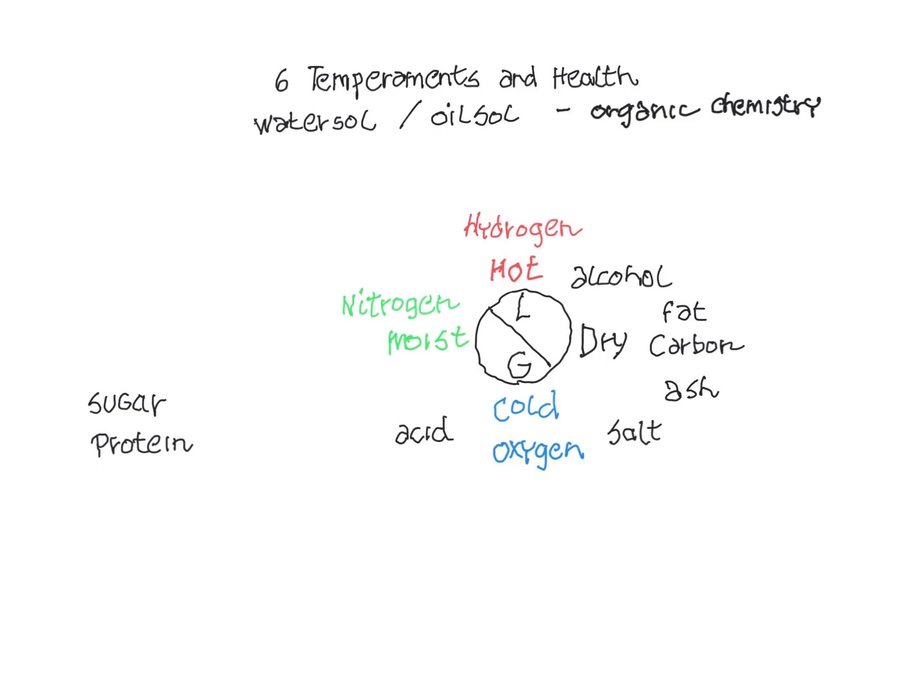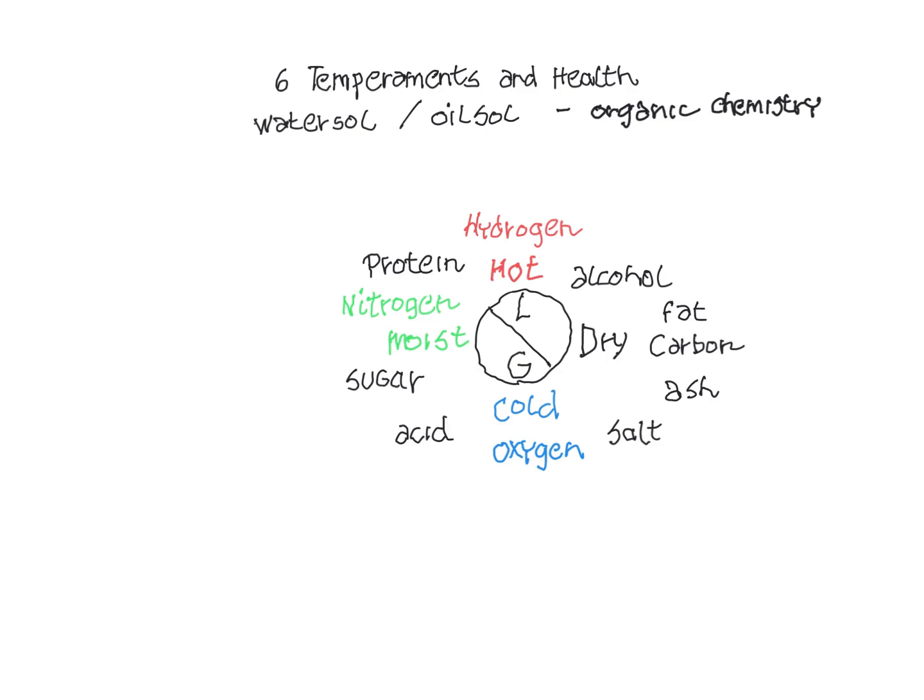Acids and oxygen and carbon come together in the forming of sugars. So we're starting to turn again towards the levity pole of energy, and sugars then interact with nitrogen in the formation of proteins.